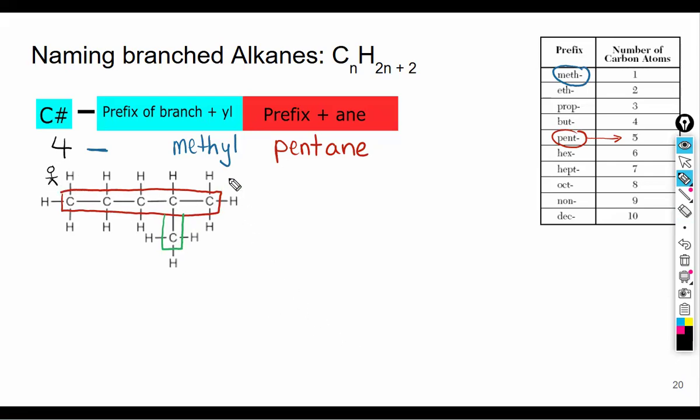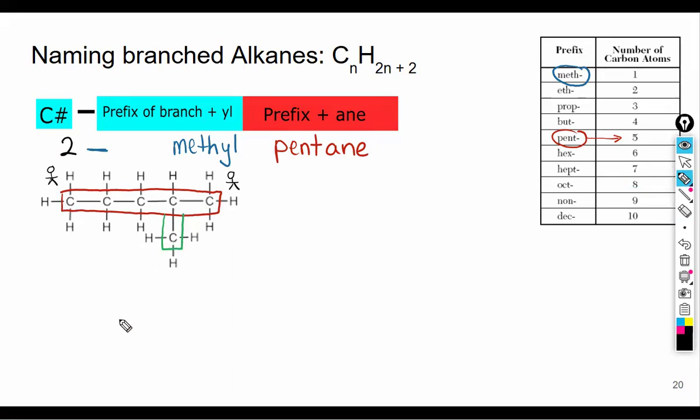You have to walk from both sides. And which side will you reach the branch first? If you walk from the right-hand side, here's the first carbon and here's the second carbon. But if you walk from the other side, it will be the fourth. But from this side it is the second. You always have to choose the smaller number. You have to choose the easiest way to walk to the branch.